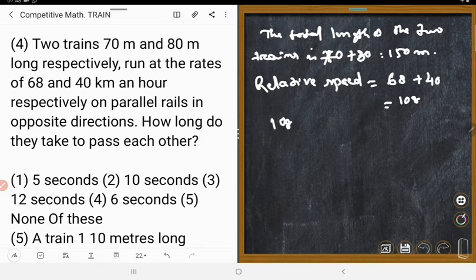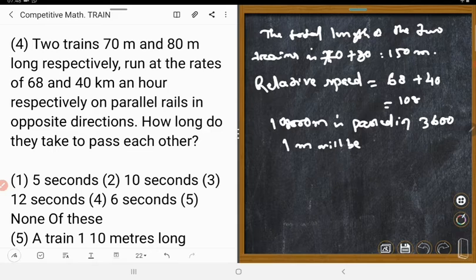108 kilometers means 108,000 meters is passed in 3,600 seconds. Could you understand? 1 meter will be passed in 3,600 upon 108,000.